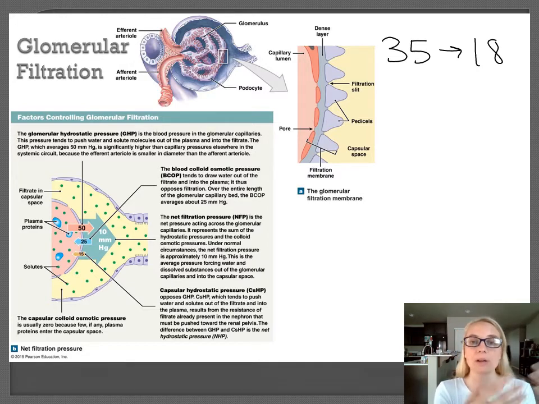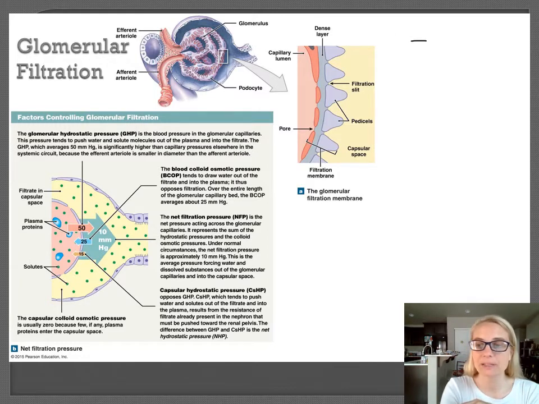And that's where we had the net filtration out and then the net reabsorption back in. By the time you had that, the blood colloid osmotic pressure kind of stayed steady state at 25 all the way throughout. So you can go back and review, I think it's chapter 21.